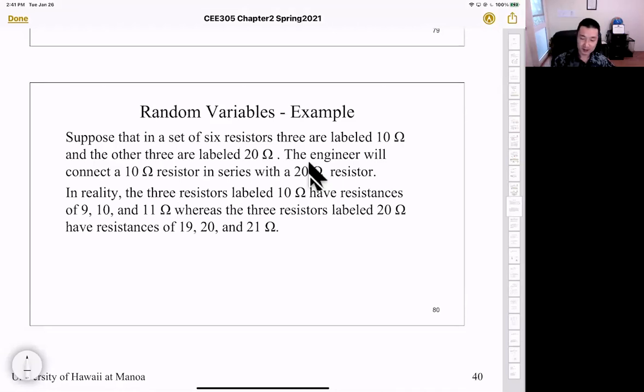For the 3 resistors labeled 10 ohms, actually they are 9, 10, 11, and the 3 labeled 20 are actually 19, 20, and 21 ohms. We discussed that problem before.